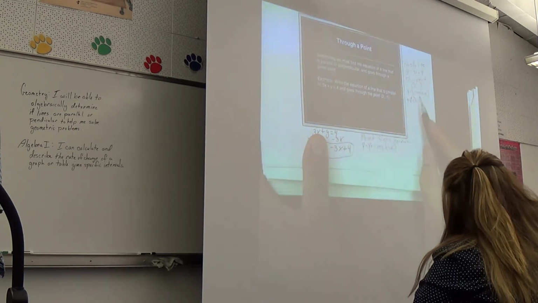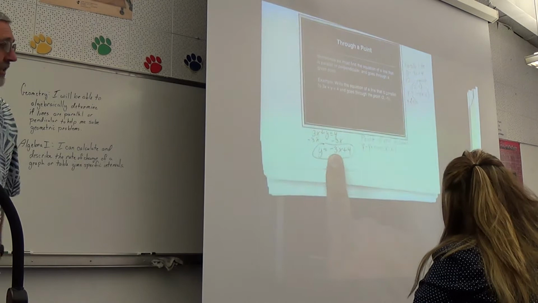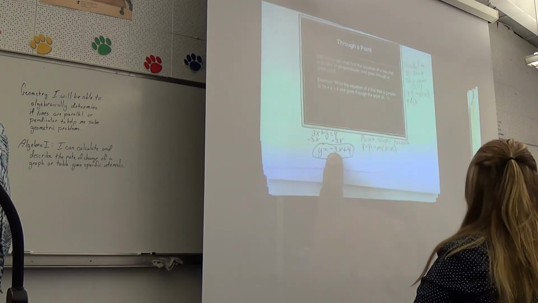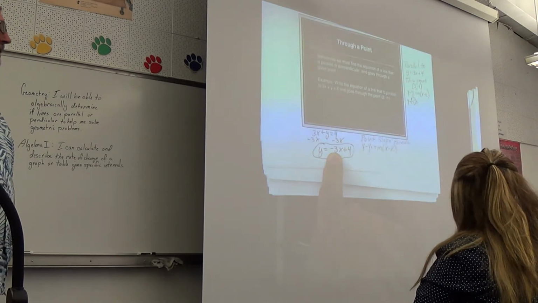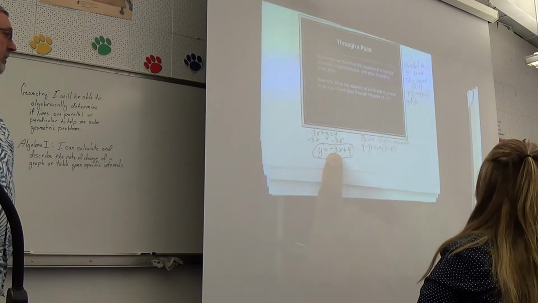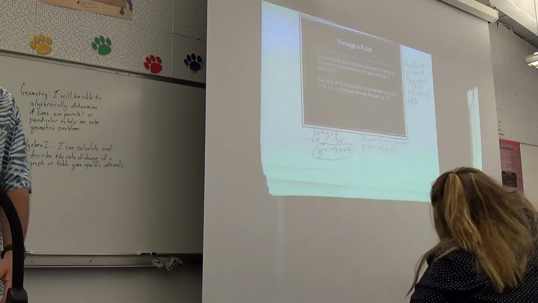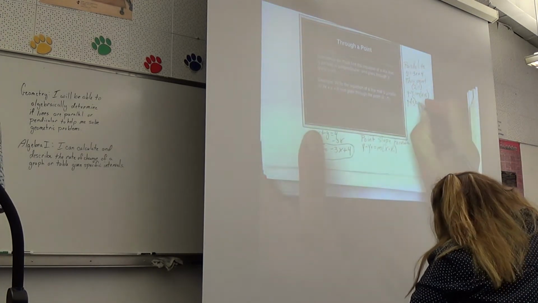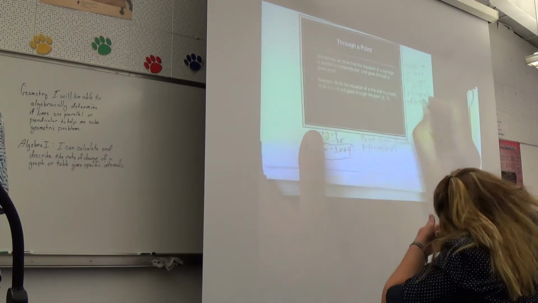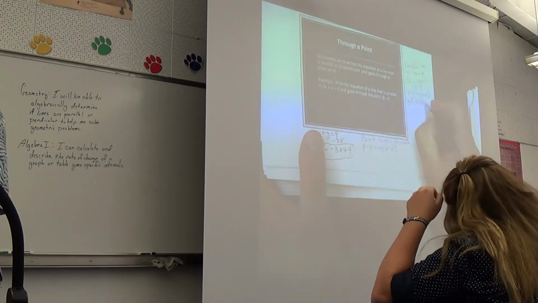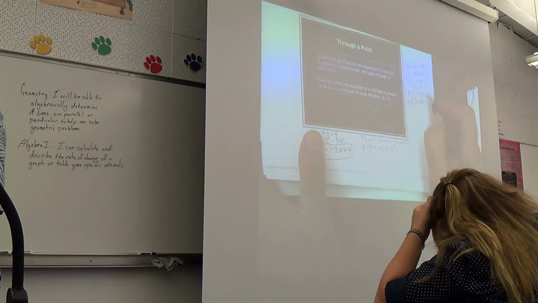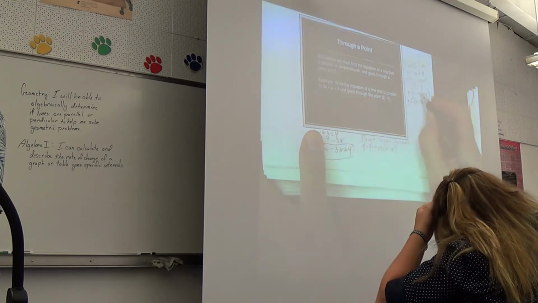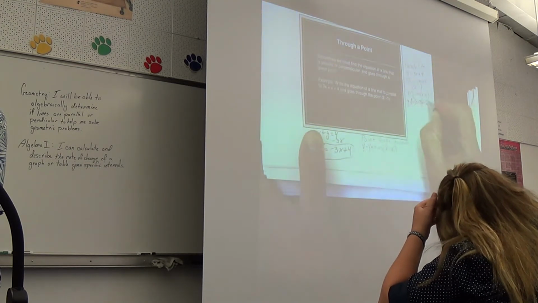Equals, and my slope I'm going to get from the original line. Because I know that if I find a line parallel to this line, it's got to have the same slope, right? So it's going to be negative 3. That x stays the same, and then the x value that goes in place of x1 is the x value from that point.